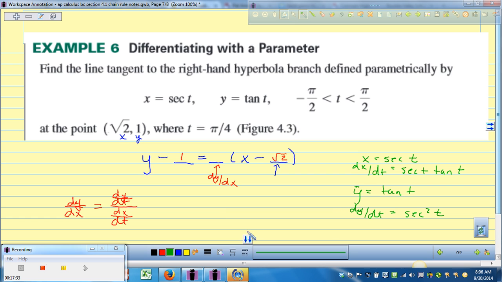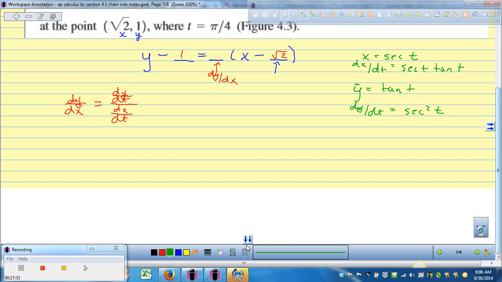Okay. So that means dy/dx will be what over what? I'm going to write it as secant squared t, just so we can see and I cancel easier, over secant t tangent t. We get our cancel here.